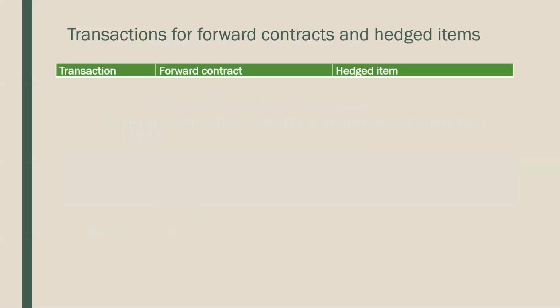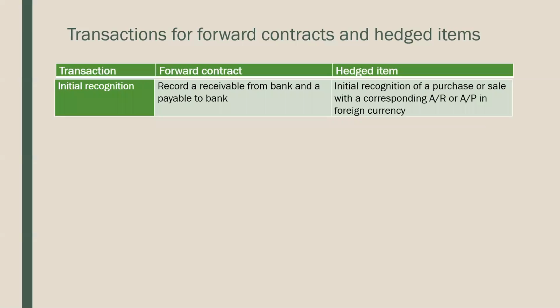Looking at transactions for forward contracts and hedged items, the initial recognition of a forward contract would involve recording a receivable from the bank and a payable for the bank. Whereas for the hedged item, the initial recognition of the purchase or sale with a corresponding accounts receivable or accounts payable in foreign currency.